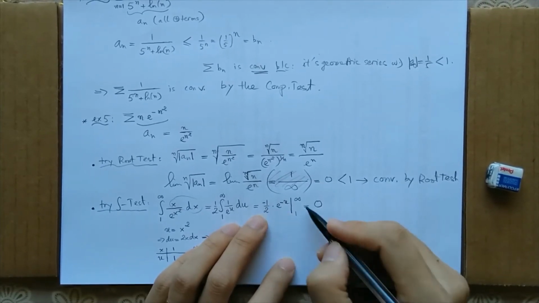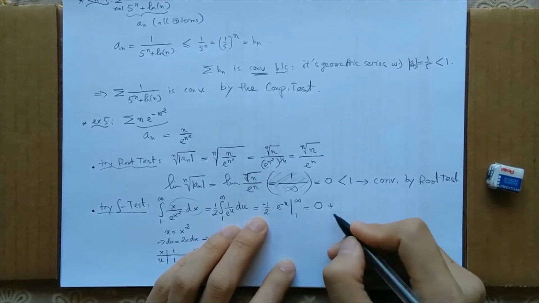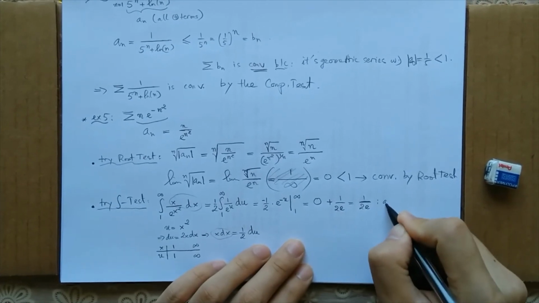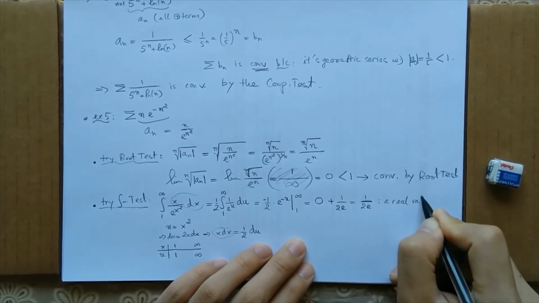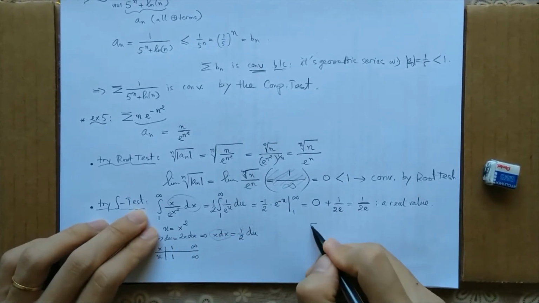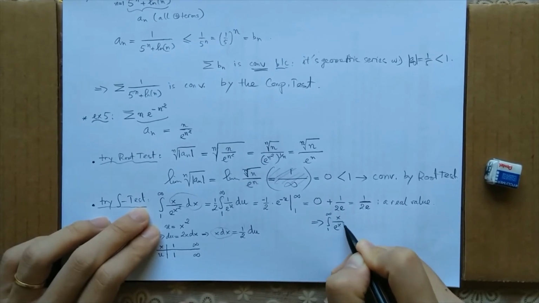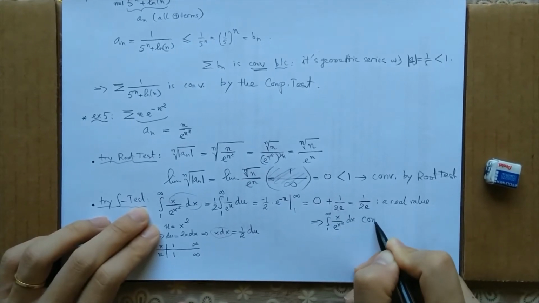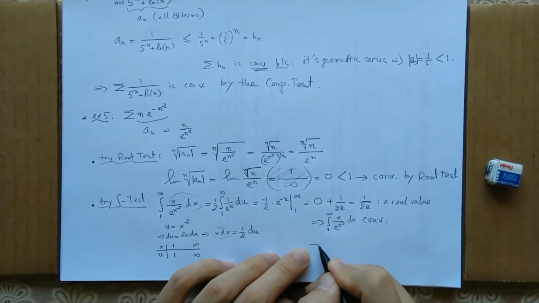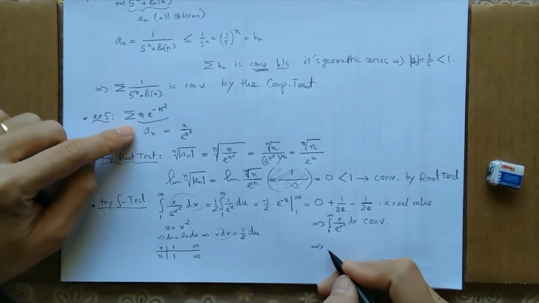And then you minus, with minus, you end up having plus e to the negative 1 times 1/2, so 1 over 2e. So this is a real value. The integral equals a real value. That means that the integral is convergent. But the convergence of the integral also confirms the convergence of the given series by the integral test.